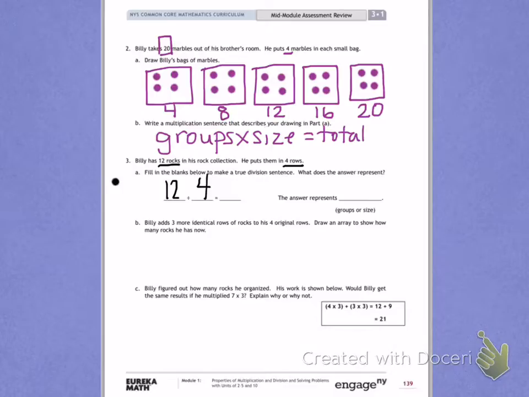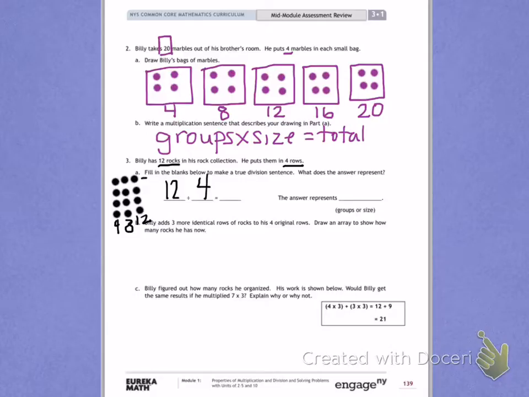First row, second row, third row, fourth row. I'm going to continue adding more dots. Now I have 8. I need to get to 12. When I added those last 4, it got me to 12.